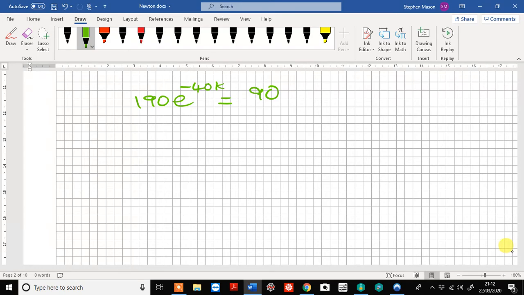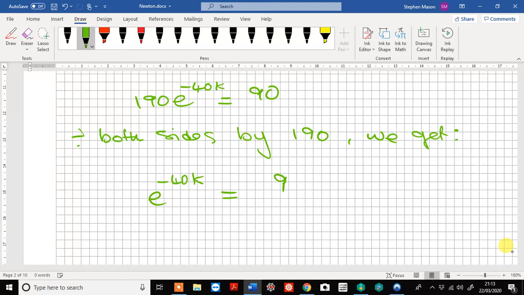So, dividing both sides by 190, we get e to the minus 40k equal to 9 over 19.